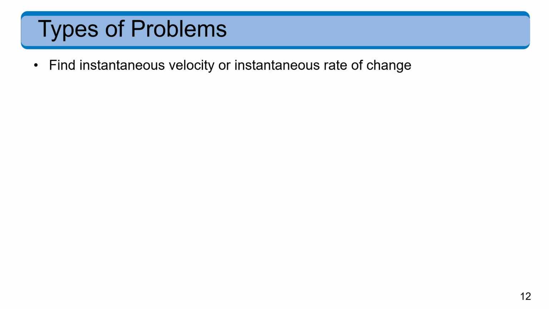Another type of problem is finding instantaneous velocity, or more generally, instantaneous rate of change of something. So we've already made the connection that instantaneous velocity is found by taking the derivative of the position function, which we usually call s of t for the position function.